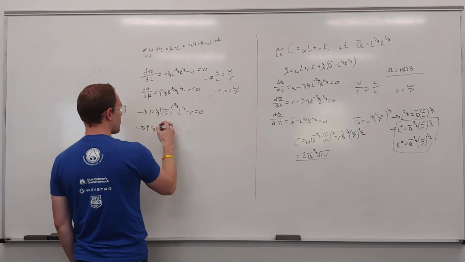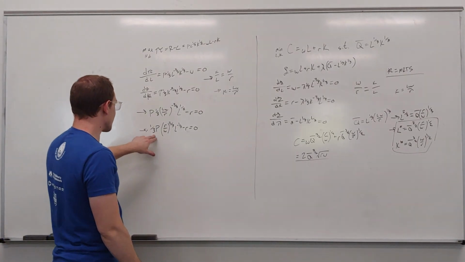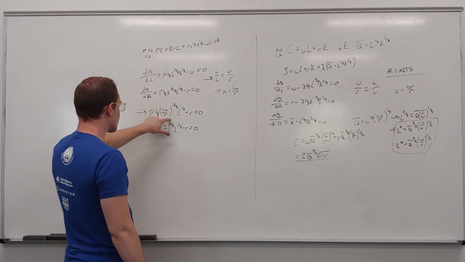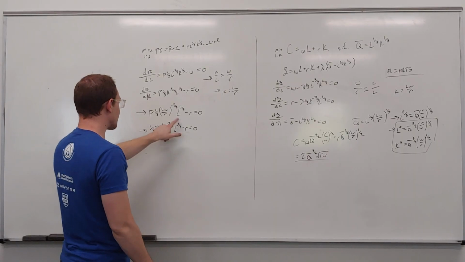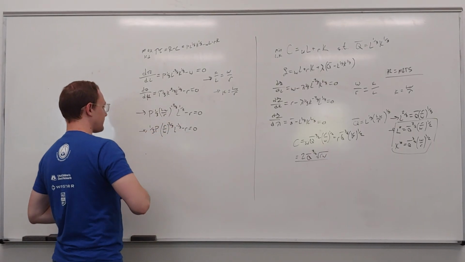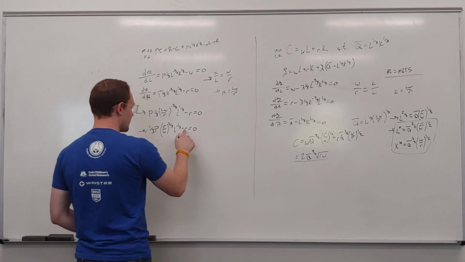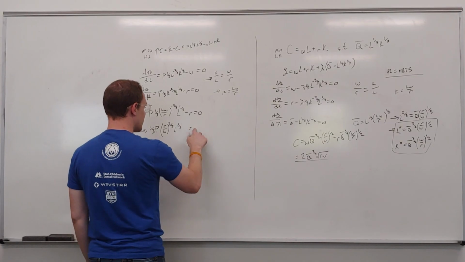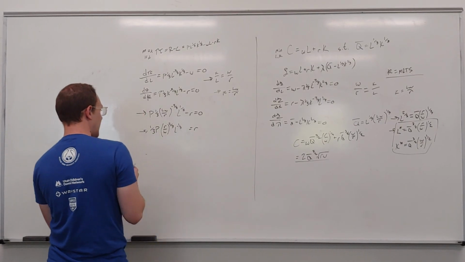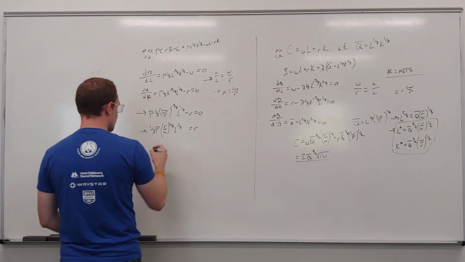Okay, sorry guys, let's try this again. So we have 1/3 P R over W to the 2/3, I took the negative out, L to the negative 1/3, minus R equals 0, okay? So all of this is going to actually equal R, and we want to solve for L. So let's move L over.